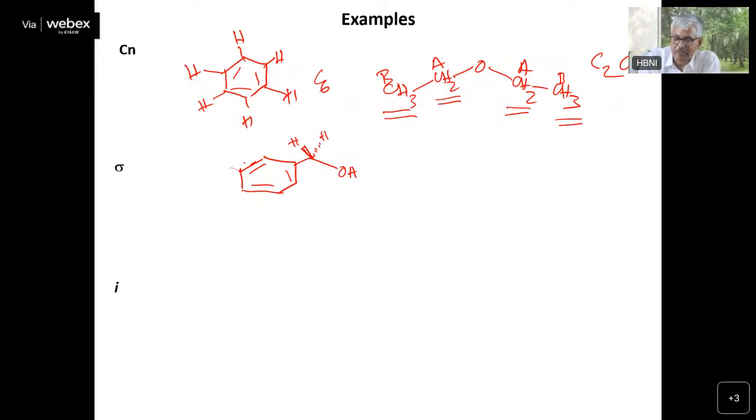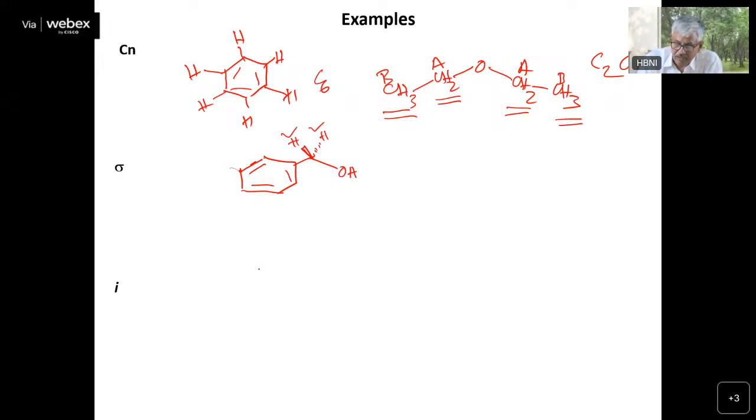You can see the plane of this benzene ring plane. There is a plane of symmetry. So then also you will see these two hydrogens, this one and this one, will be chemically equivalent and they will have the same chemical shift.